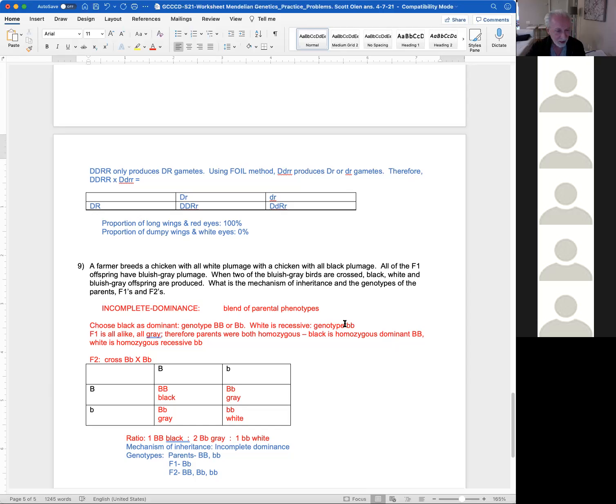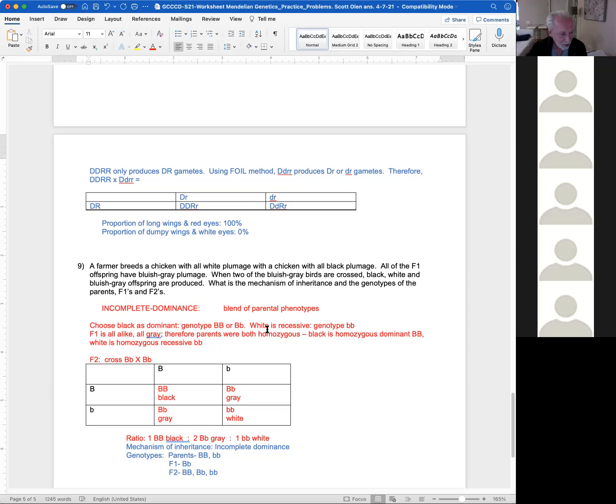That makes white recessive, little b, little b. Now the F1, we know from making this cross, are genotypically all alike. They're all heterozygotes and they're all gray. So both parents were homozygous.